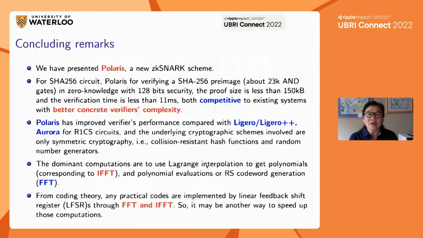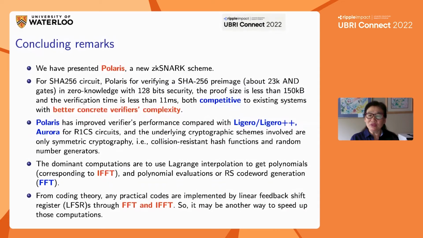So in this talk, I introduced Polaris, which is a new zkSNARK scheme for a SHA-256 circuit, which is about 23 AND gates.